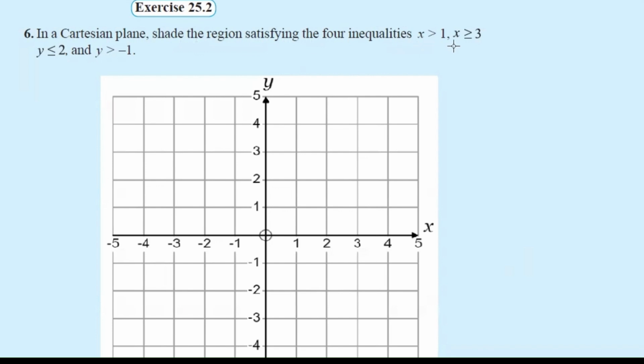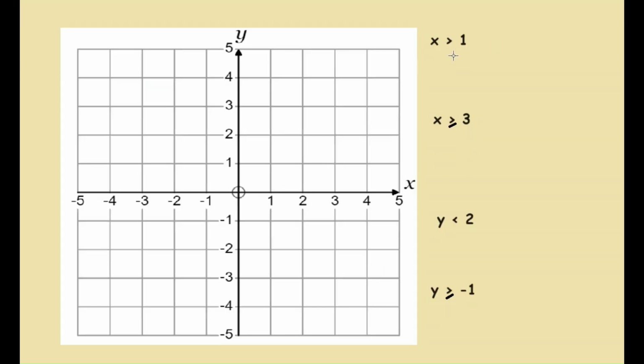Question number 6. In a Cartesian plane, shade the region satisfying the four inequalities: x greater than 1, x greater than or equal to 3, y less than 2, y greater than or equal to minus 1. First draw the straight line x equals 1 using a dotted line.